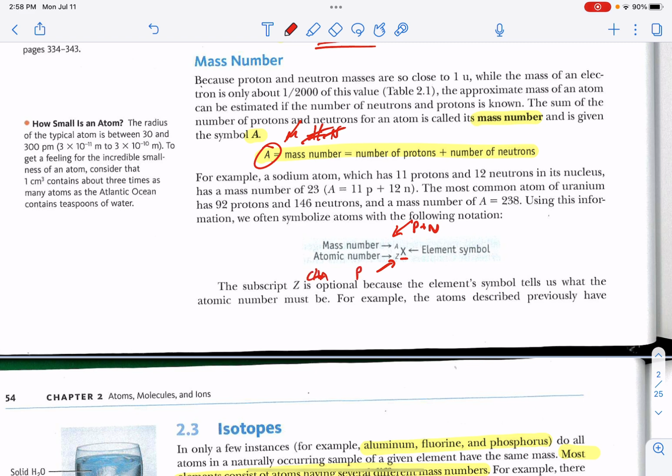Sometimes it's called the charge number. And then, of course, you can have a number in the upper right. And that number is usually the number of its charge if it's an ion. And then the number in the bottom right is the number that we use when we have multiple atoms, such as in a molecule.